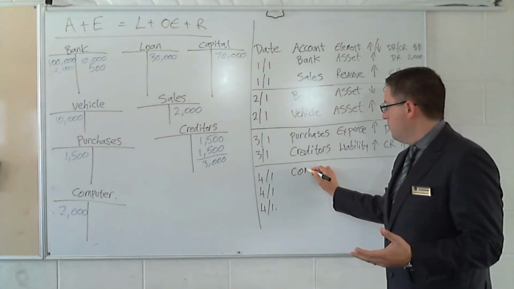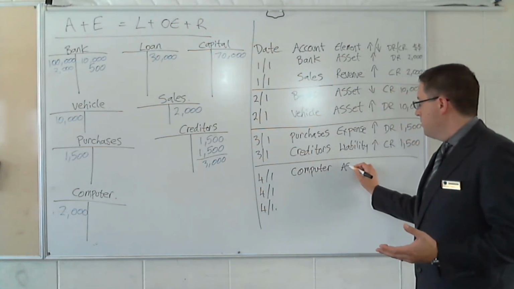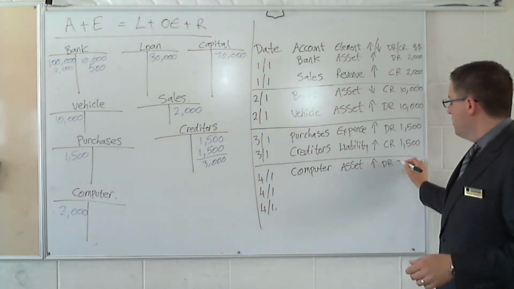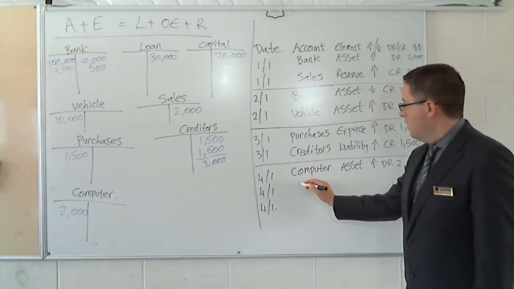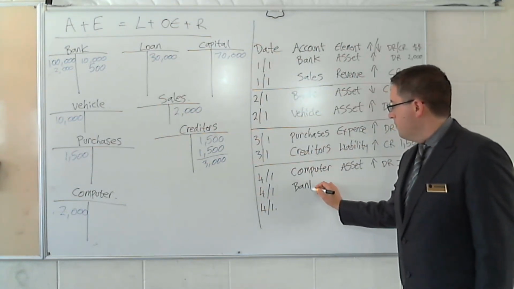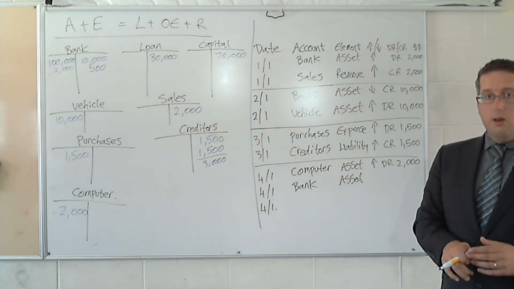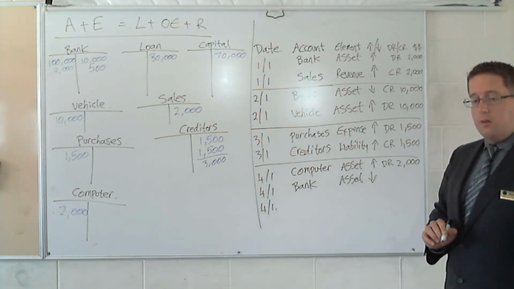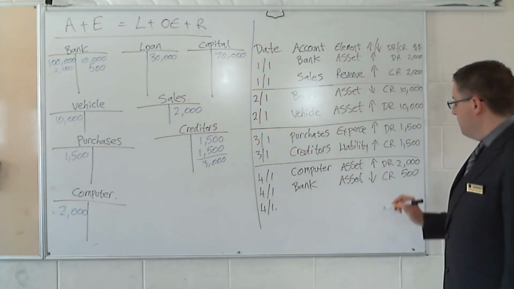We have the computer, that's an asset, the balance of the asset is going up, so it's a debit, $2,000. Our bank account, that's also an asset. Now this is the amount that we paid out as a deposit, so our bank balance has actually gone down. That's a credit, $500.